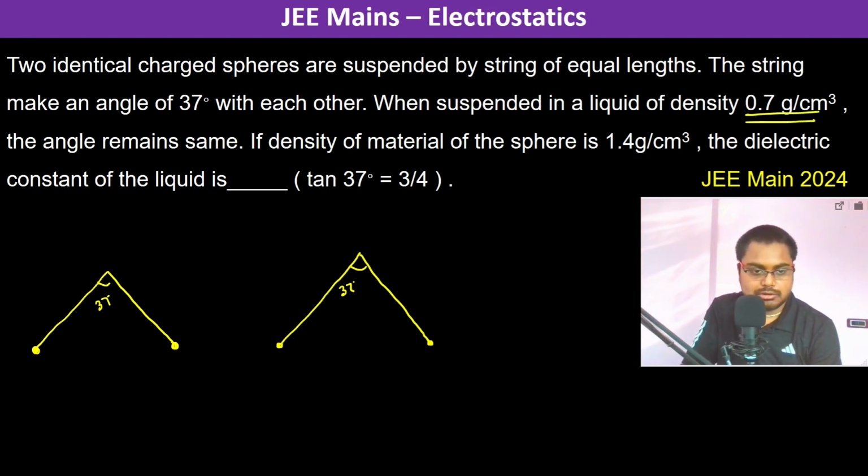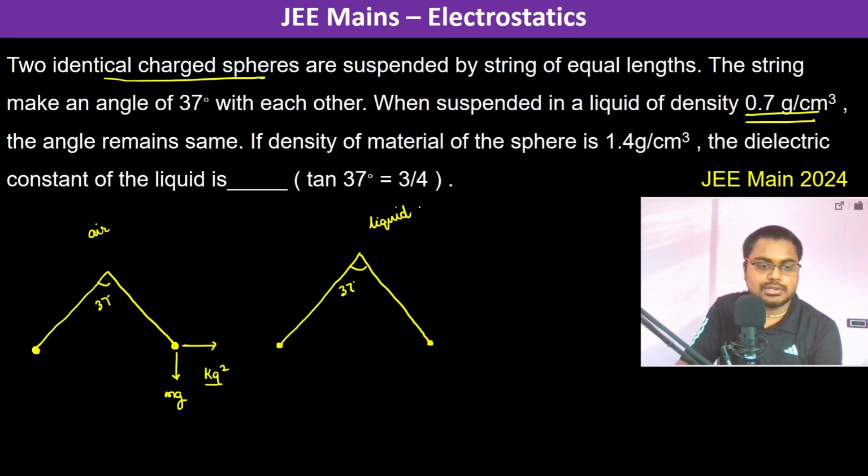Now observing the first part, which is in air, and this one, which is in liquid. In air the forces are mg and kq square, because there are two identical charged spheres, each having q. If the distance between them is x, the force is kq square by x square.